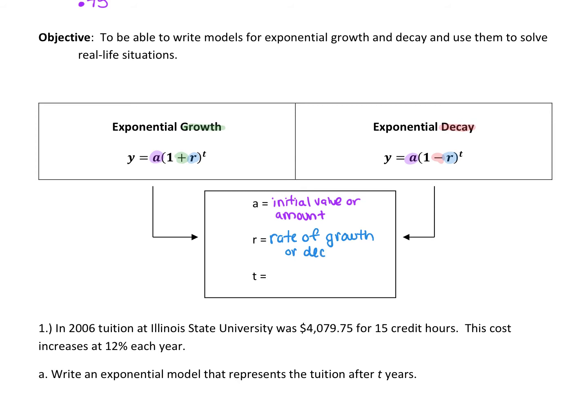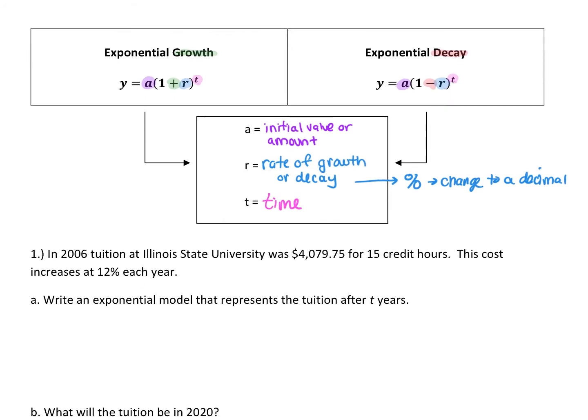Depending on the problem, it's that rate of growth or decay. And this is when we have to take that percent and change it to a decimal. And last but not least, we have the t, which we know represents our time in this scenario. So months, years, etc.